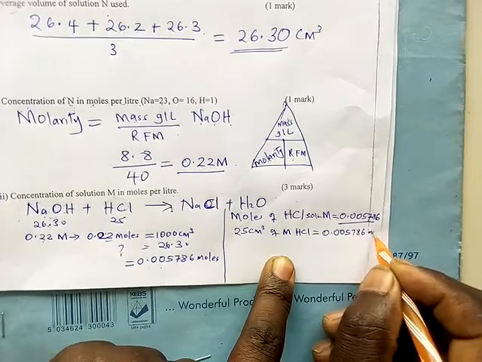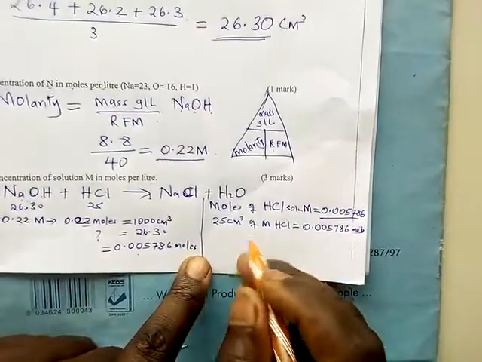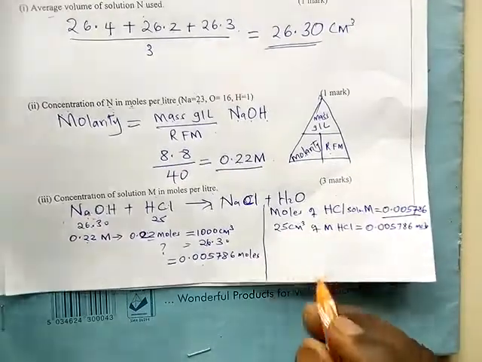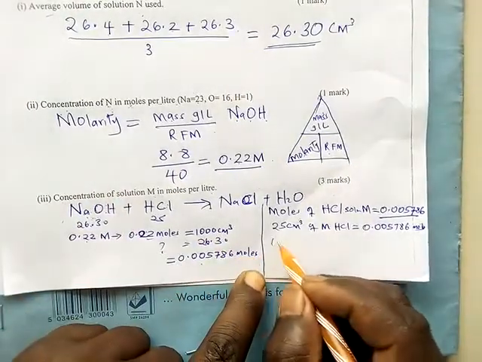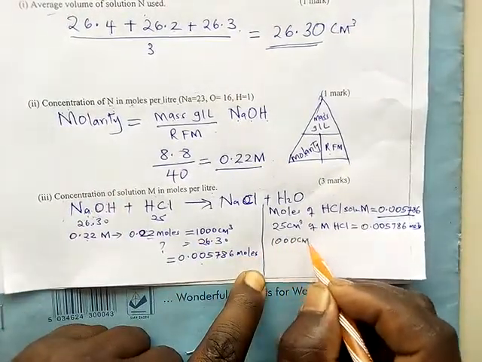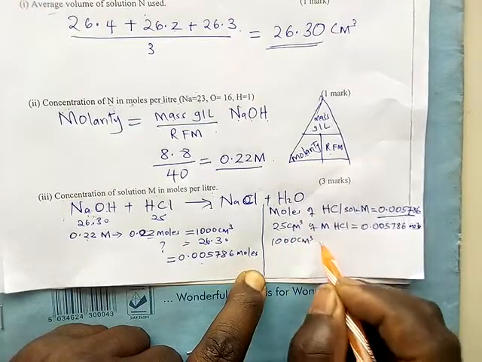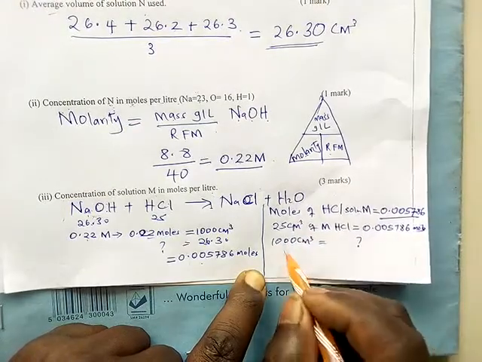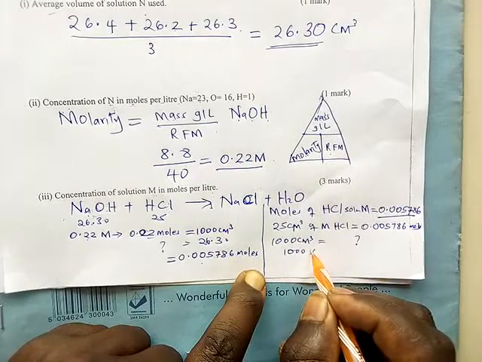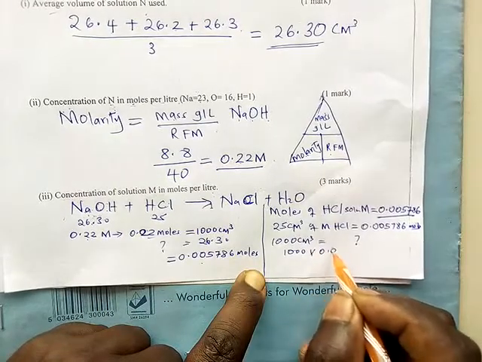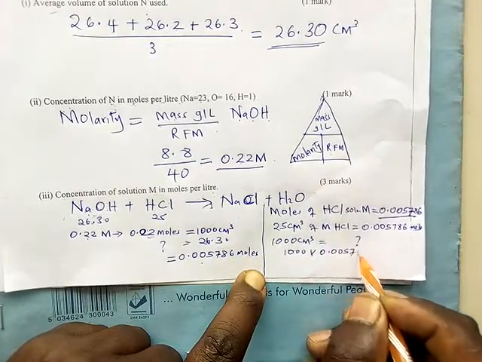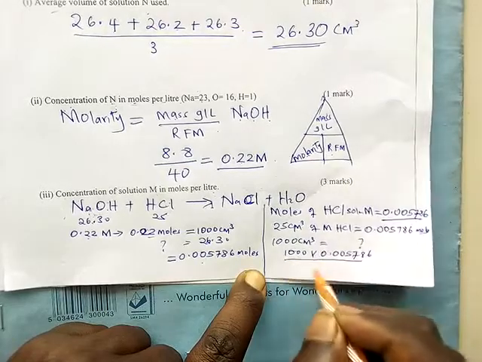0.00578 moles. 1 liter, because we want concentration in moles per liter. 1,000 centimeters cube will have how many moles? 1,000 times 0.00578 divided by 25.